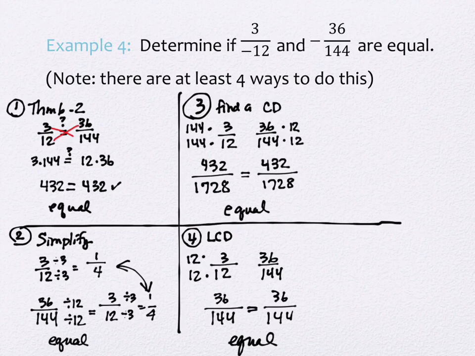So why do I tell you all these ways to do the problem? Sometimes you're going to be asked to do a specific method. Like it could say, determine if they're equal by simplifying. It might tell you which one to use. Sometimes it's going to make it just open-ended, and I want you to have options. But the big reason that I teach you multiple ways to do it is because some of these ways are going to resonate with some of your students and some are not.